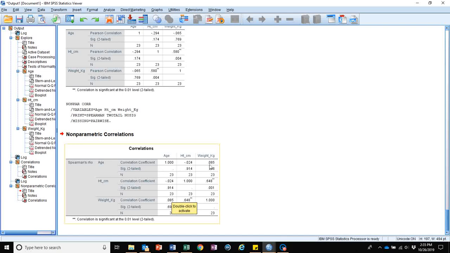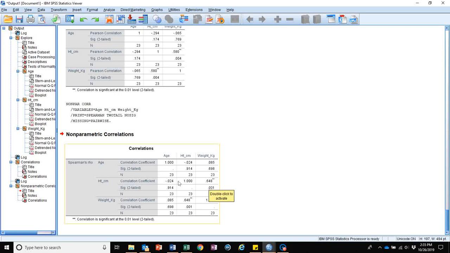Age to weight, again, is not a very high correlation and not significant. The illustration shows basically the same results with the parametric Pearson correlation. But what we would expect to be the most correlated is height and weight, and it is. It is significant at a 0.65 correlation.